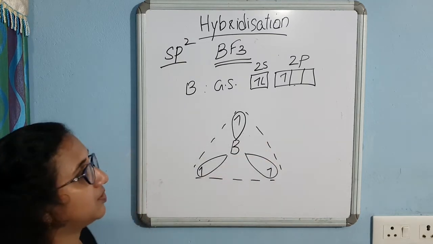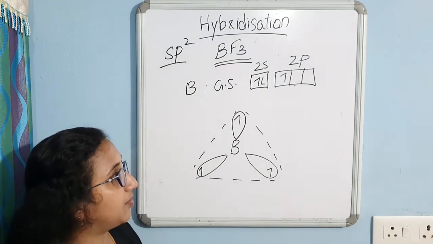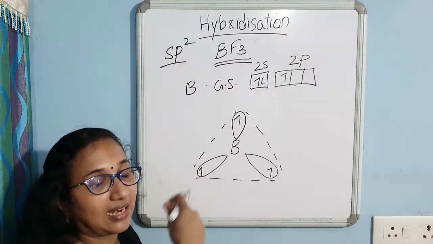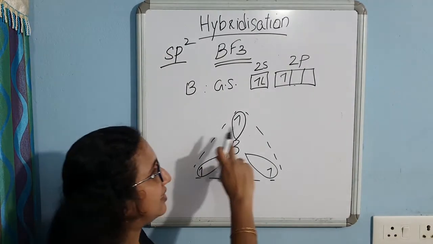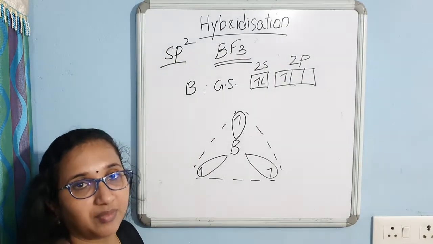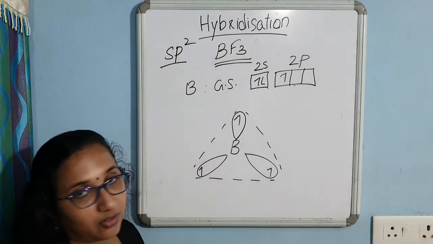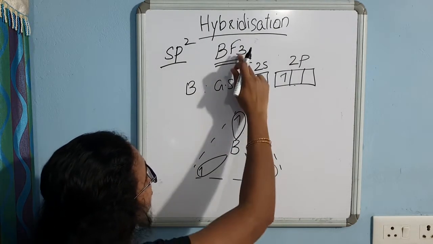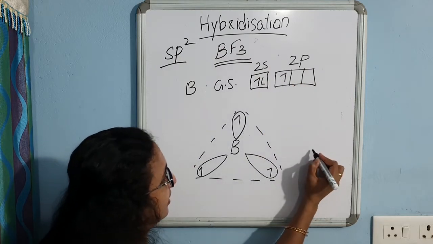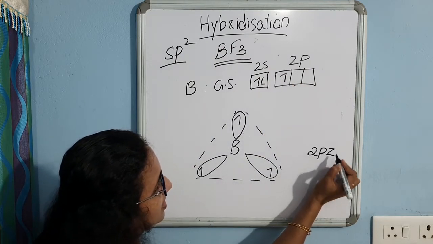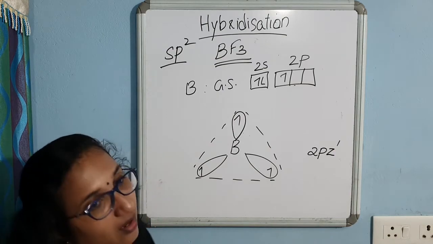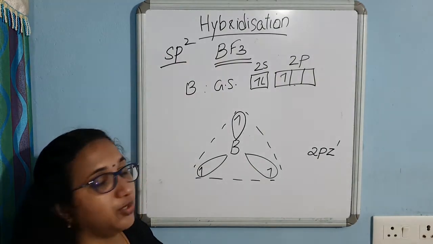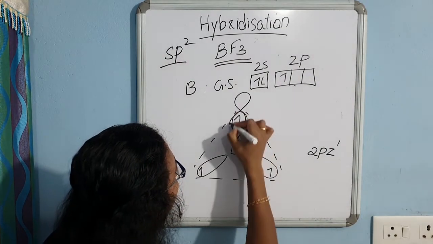So the 3 sp2 hybrid orbitals arrange around the boron atom in a trigonal planar manner to have minimum repulsion among the electrons. So now the hybridization is ready. Now each fluorine atom with 2pz1 configuration overlaps with the half-filled hybrid orbitals of boron to form the BF3 molecule.